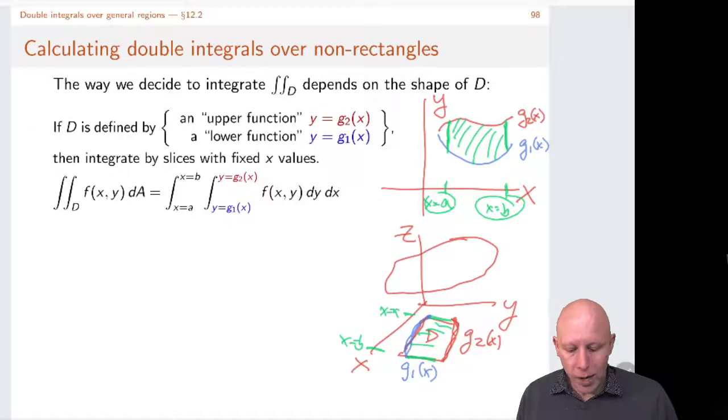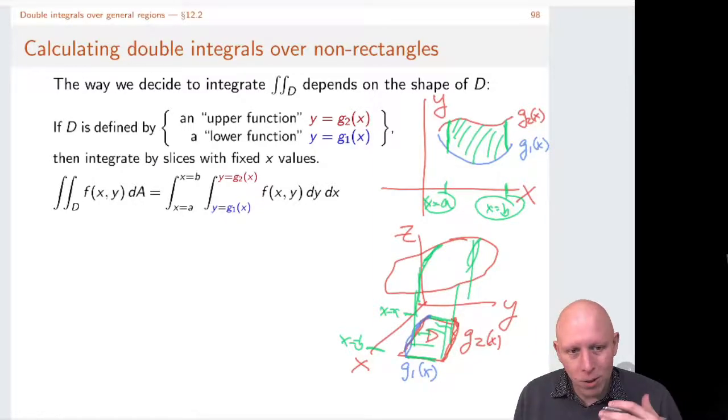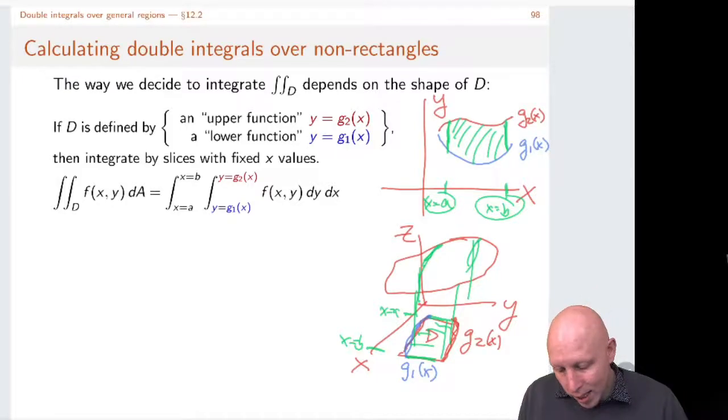Then the way that we're going to find the volume under the surface above our domain is as follows. Whenever you have a region that looks like this, I like to draw a vertical line here. And this vertical line reminds me that I have a lower function and an upper function.